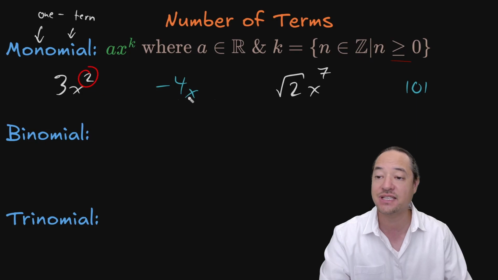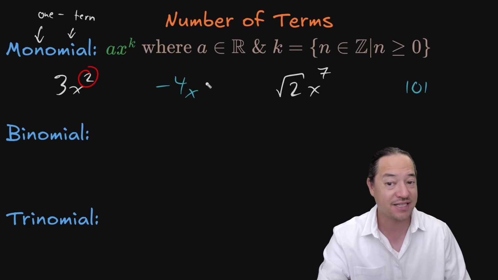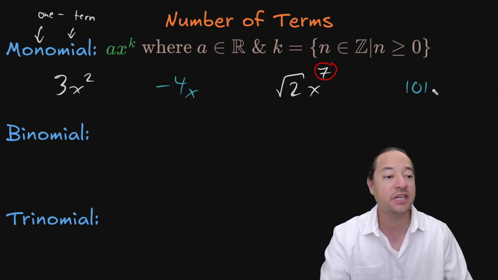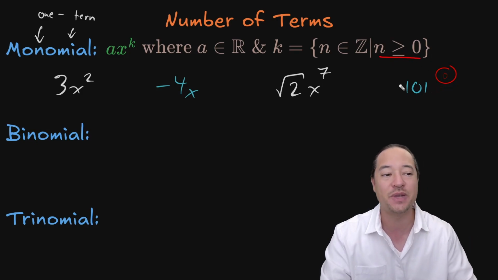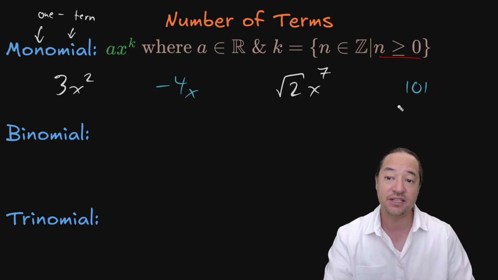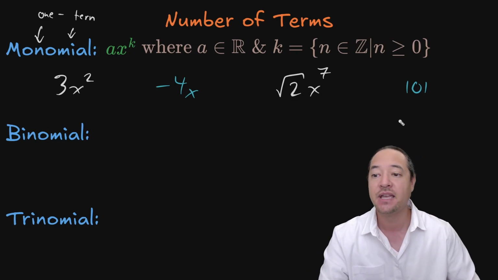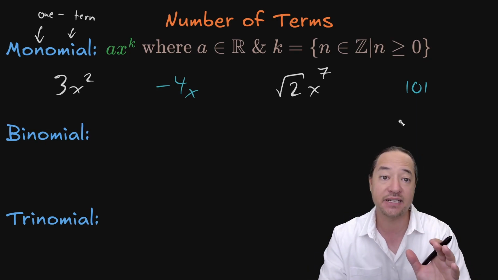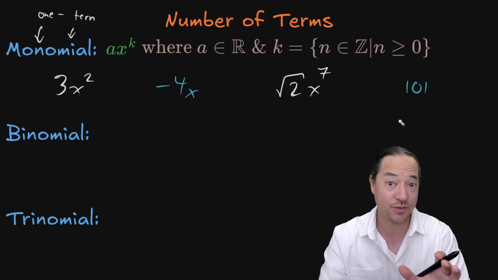And so right here, of course, this is 2, that's a positive integer. Here we have a 1, that's a positive integer. Here we have 7, that's a positive integer. And here we actually have x to the power of 0. And so here this 0 is greater than or equal to 0. So basically a non-negative integer for the power. That's how we're going to be looking at these kinds of algebraic expressions today.